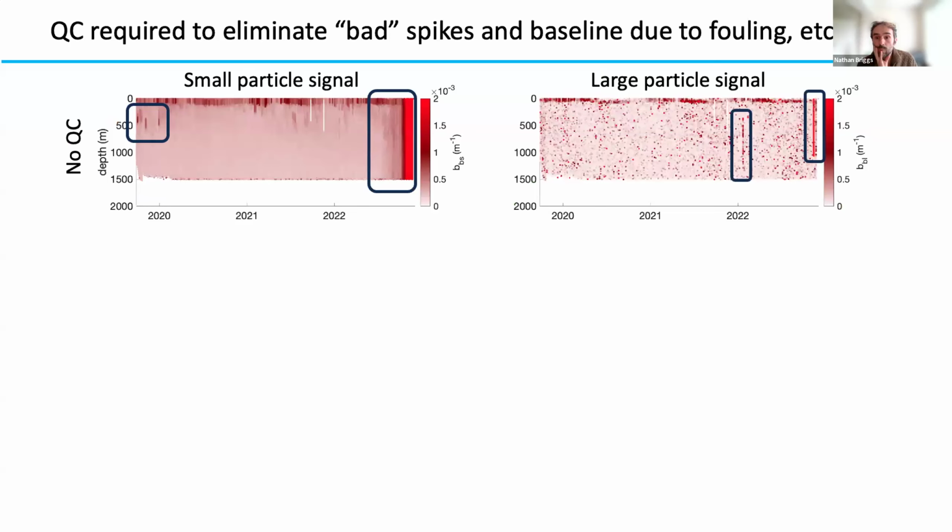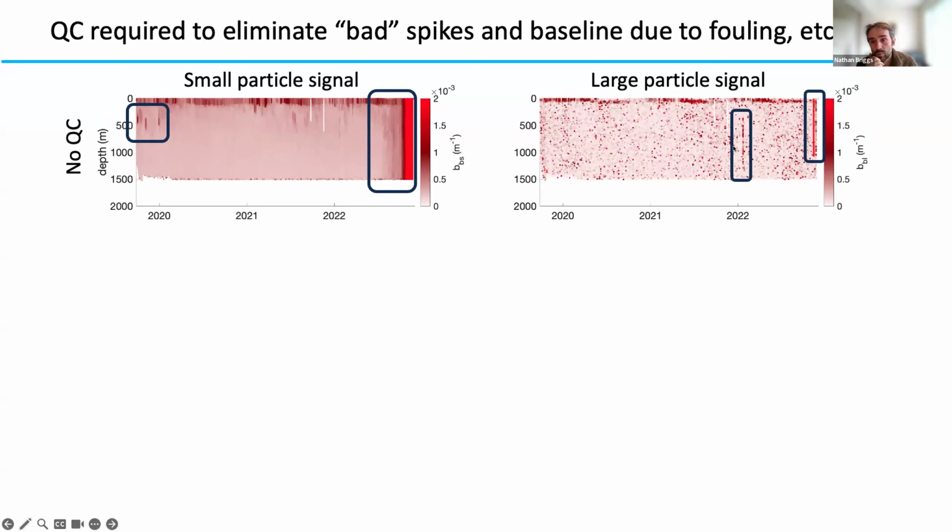Before we do that, we do have to do quite a lot of QC of the data. This is some raw time series of both the small particle signal on the left, which is the smooth, continuous filtered signal, and then the large particle signal on the right, which are these individual spikes. We can see this banding pattern in both the small and the large particle signal in some places that's often indicative of fouling.